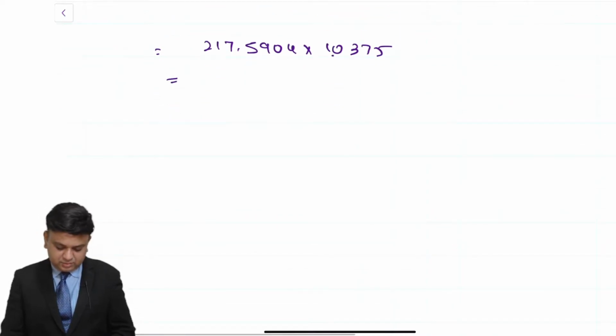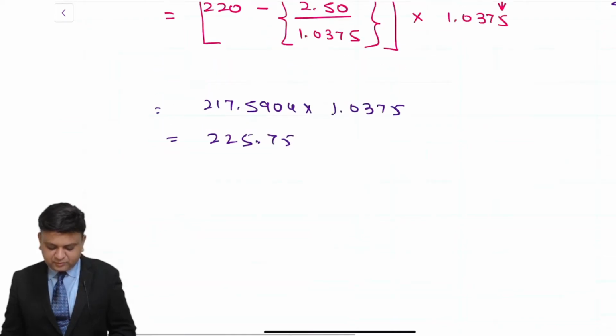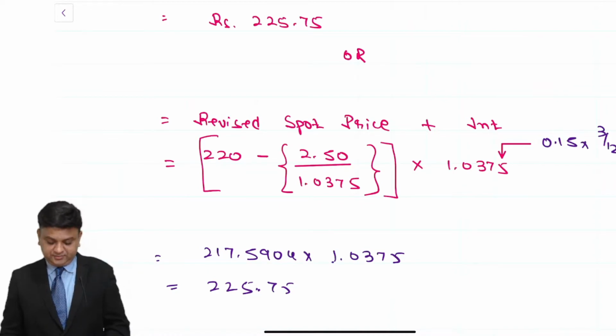That comes to 225.75. The 004 I am ignoring. This is also the way you can present the answer, which is acceptable in examination.